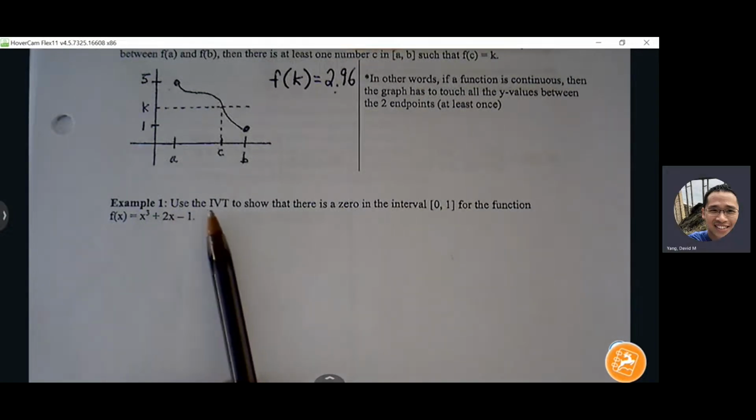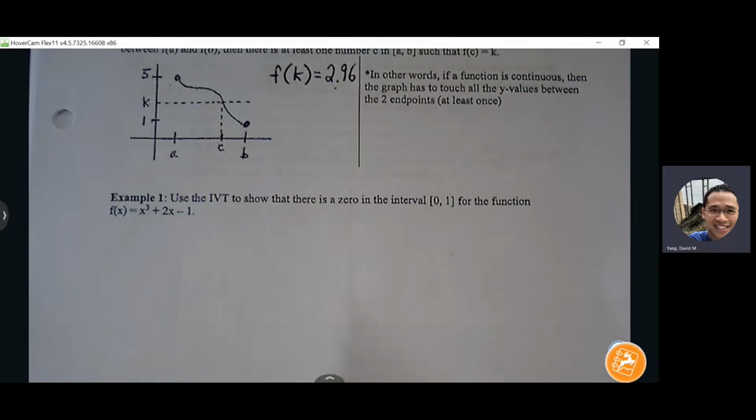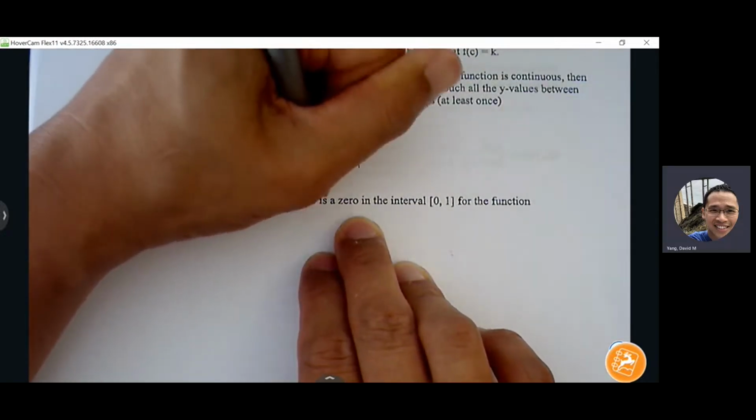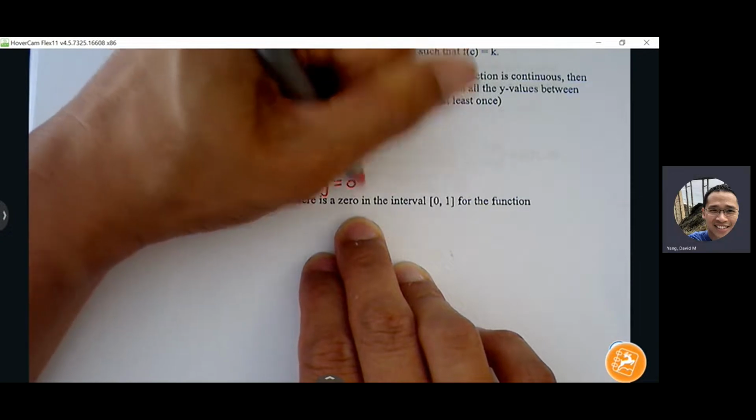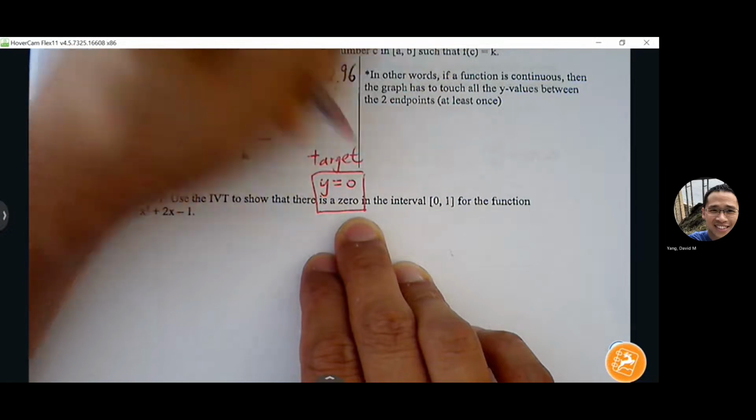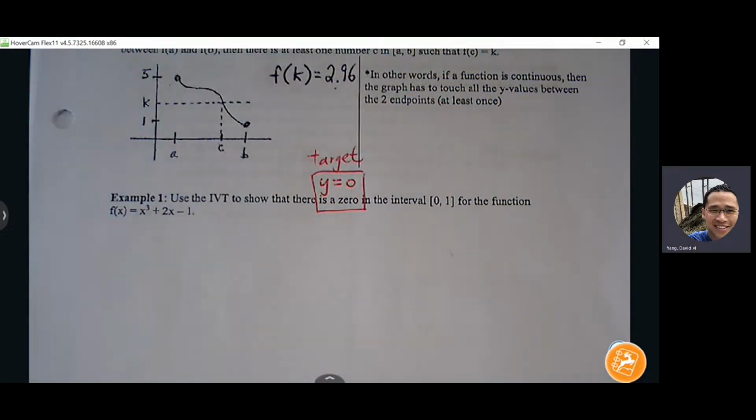All right, so it says use IVT to show that there is a 0. So let me talk about what that means. That is a y value. So that's our target. I want to guarantee a y value of 0 somewhere along the graph on the interval from 0 to 1.